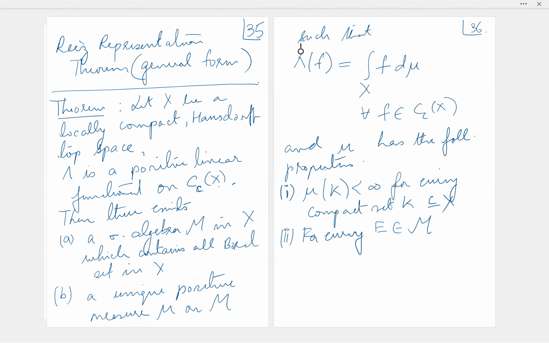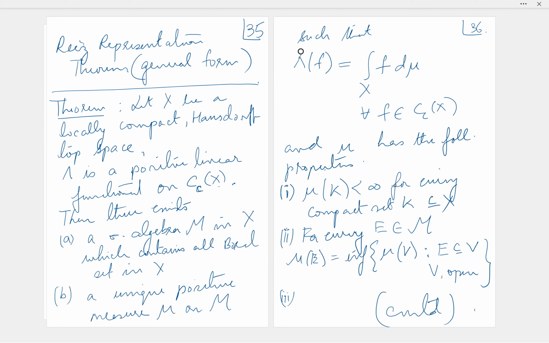So for every measurable set E, mu, the measure of E is the inf of the measures of open sets which contain E. Okay, I am going to continue to the next page. I'm going to stop sharing this and start with the next one, okay?